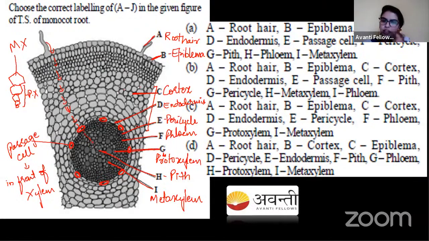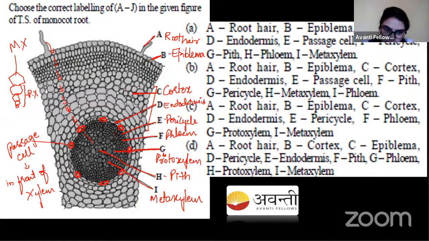Endodermis is usually deposited with suberin. We call that Casparian strips, and then we encounter the pericycle. After that, you are going to see the separated bundles or patches of xylem and phloem.